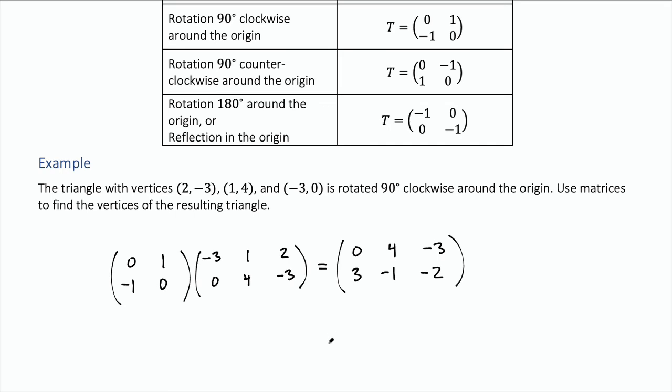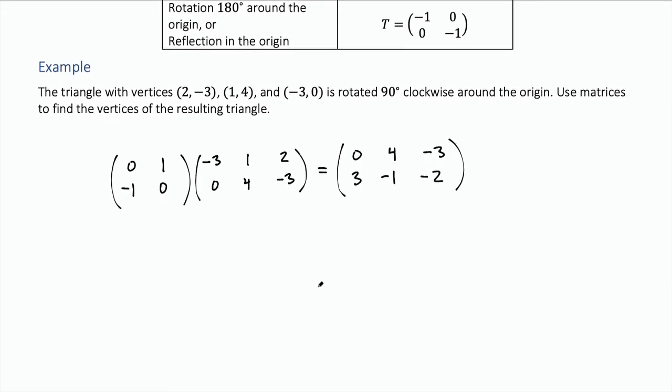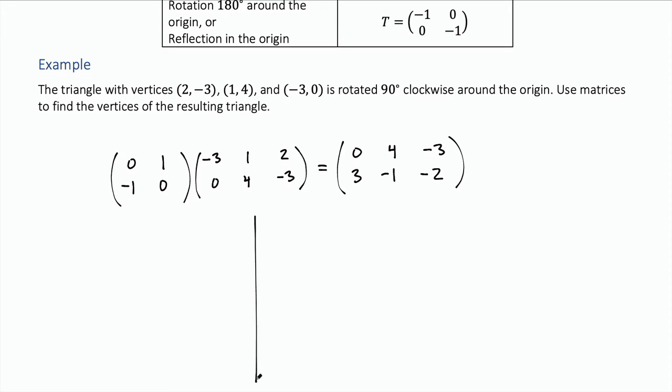I'm going to go ahead and just sketch what we have so that we can see this in action. So our initial points were negative 3, 0, 1, 4, and 2, negative 3.